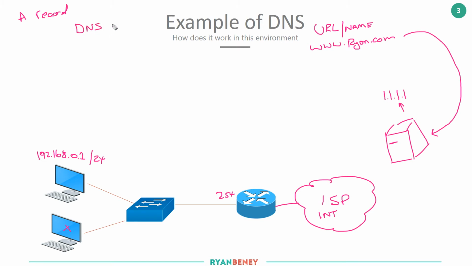a DNS server, and that DNS server also lives out on the internet. So DNS server, and then let's say this is 8.8.8.8, which some of you may or may not recognize, but ultimately that is the IP address for Google's DNS server.